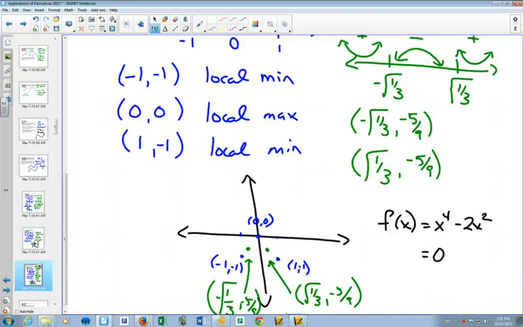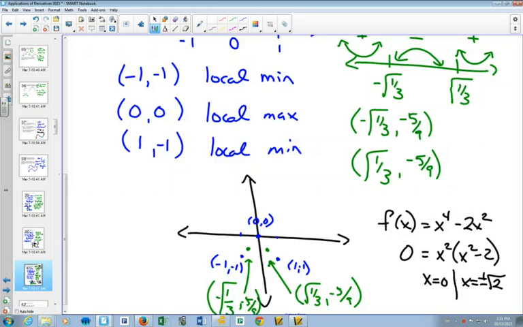If you factored out an x squared, you would get x squared minus 2. If you split it here, you can see x equals 0, which we already know was one of our points. But here, you'll get x equal to plus or minus the square root of 2.